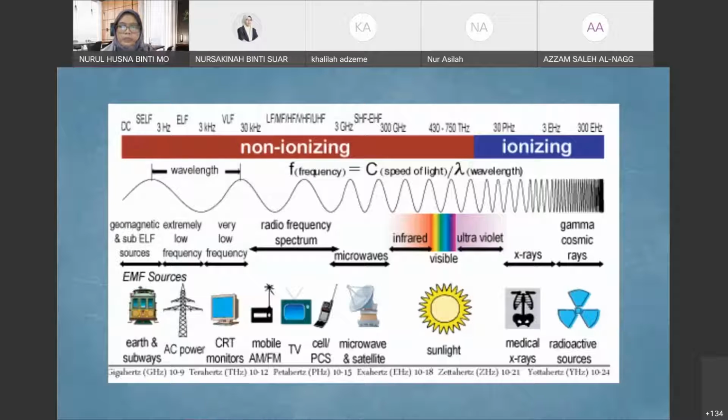Some experiments have suggested that there may be biological effects at non-thermal exposure levels, but the evidence for the production of health hazards is contradictory and unproven. So, let's explore more about these types of radiation and how they affect our life.